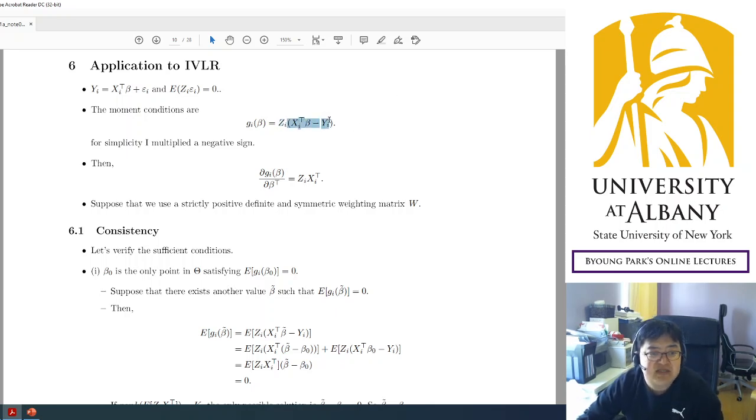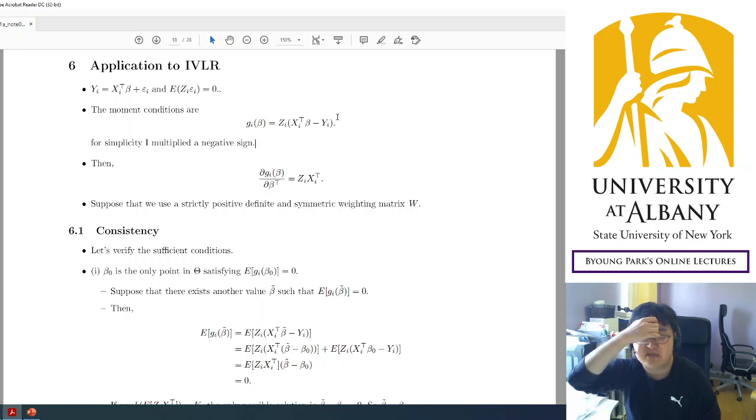So Z times epsilon should be 0, and epsilon is epsilon when beta equals the true parameter beta. As I said, I multiplied the negative sign, and then the derivative is simple, ZX prime, and I will verify the consistency and asymptotic normality and derive the asymptotic variance and then the weighting matrix.